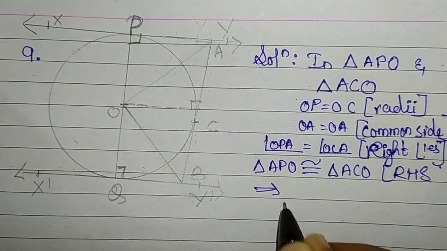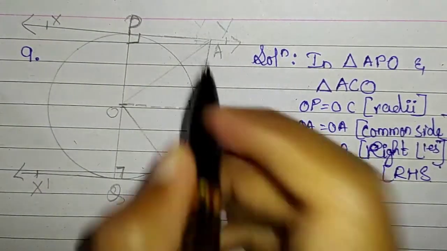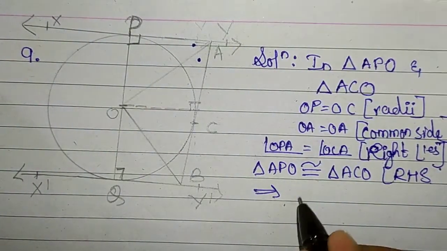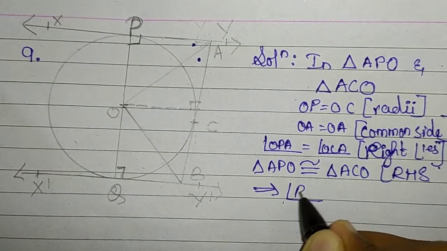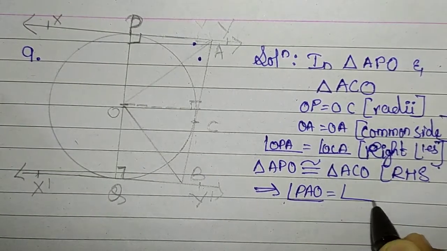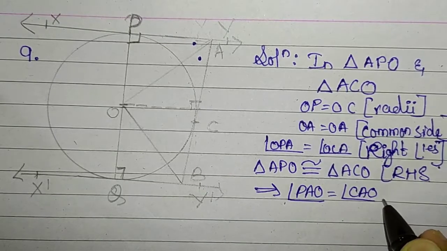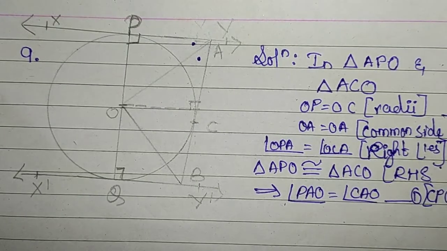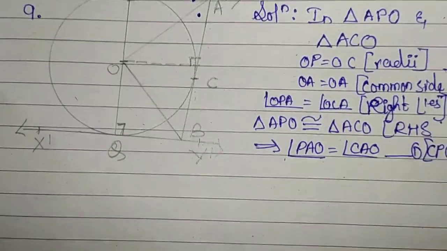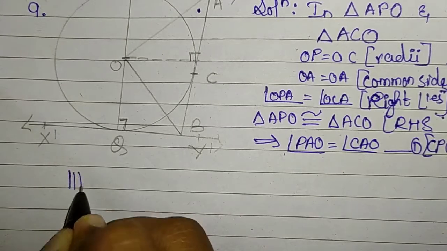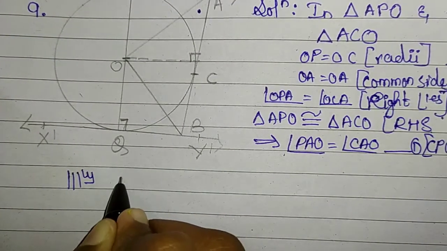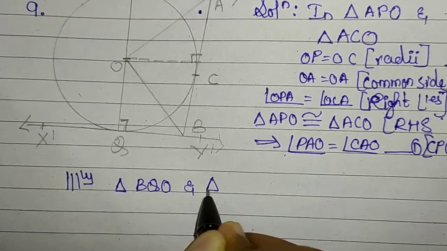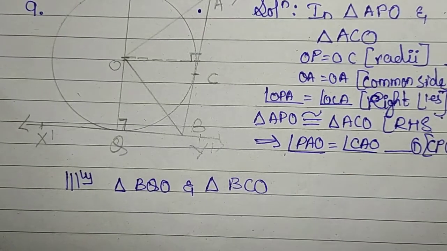So this implies, in these two triangles, this angle is equal to this angle. So angle PAO is equal to angle CAO. This is result 1 by CPCT, corresponding parts of congruent triangles. Similarly, in triangle BQO and triangle BCO.